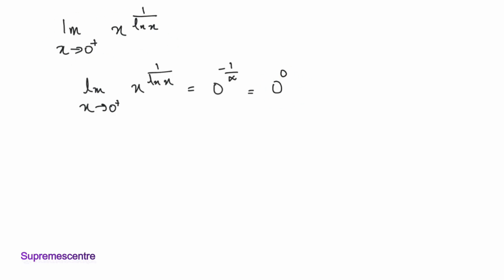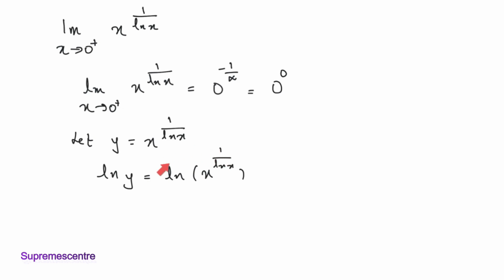So now solving it, let us take y is equal to x power 1 by ln x. Then, taking ln on both sides, I get ln y is equal to ln of x power 1 by ln x. Now we know the power rule. Now this term will come in the front.